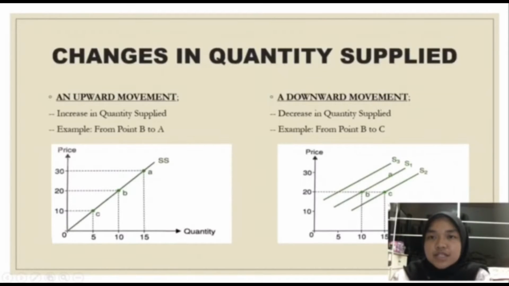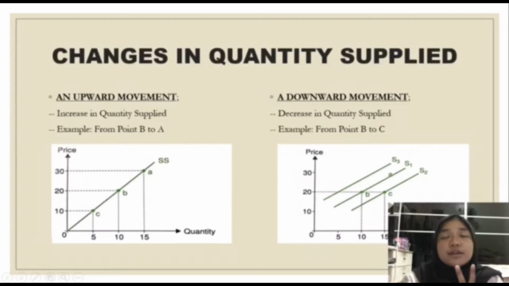I will present changes in quantity supplied versus change in supply under the topic of supply. Changes in quantity supplied occur when the price changes and there is a movement along the supply curve, ceteris paribus. There are two movements in changes in quantity supplied, an upward movement and a downward movement.